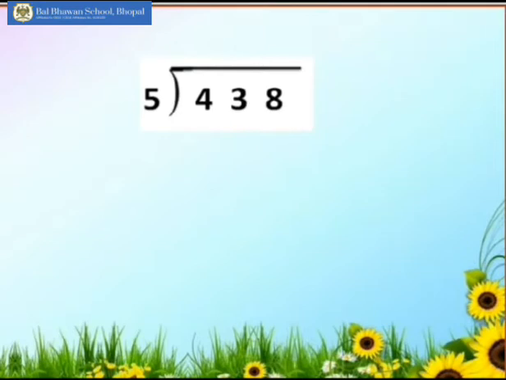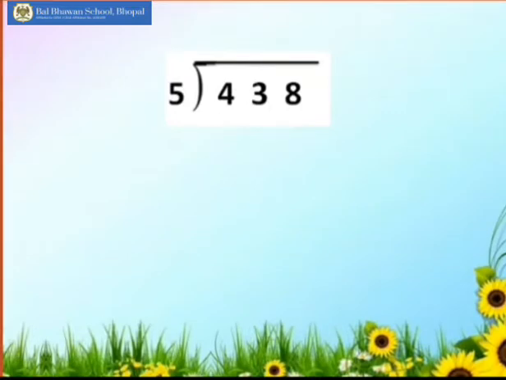As we already know, we always start dividing the digits from the left side of the dividend. That means from here. Now, before starting division, we will compare the first digit of the dividend, that is 4, with the divisor. Here the divisor is 5.